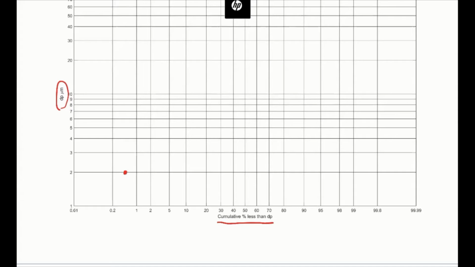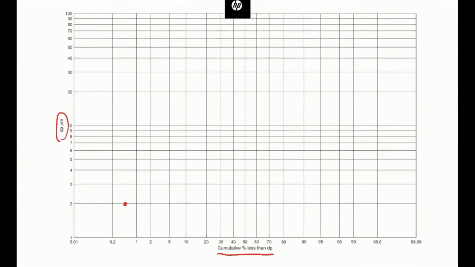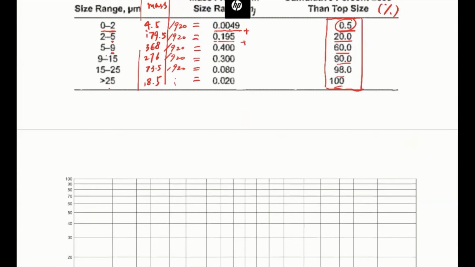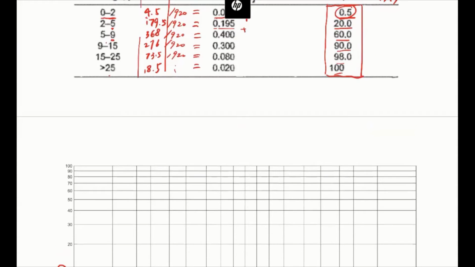This is the percentage, it's a fraction, right? 2 micron corresponds to this point. So let's do the remaining data points. I'll first copy the numbers here. 5 micron, you have 20; 9, you have 60; 15, you have 90; 25, you have 98. Okay.